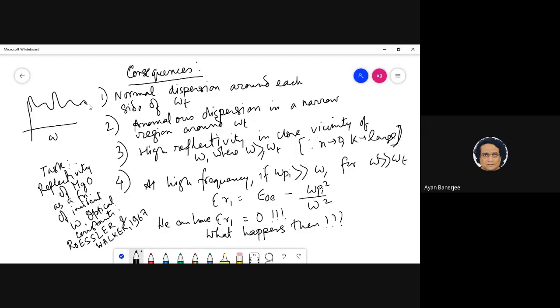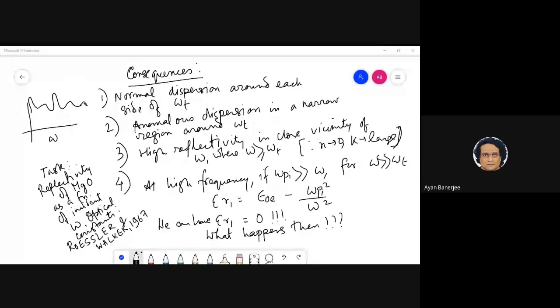I can tell you that it varies hugely. It will vary from at least like 10%. It's not very high. This is like a crystal, a dielectric material.